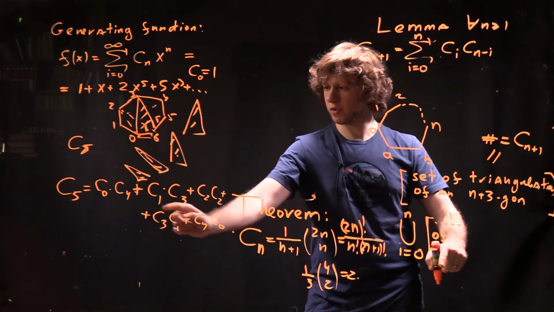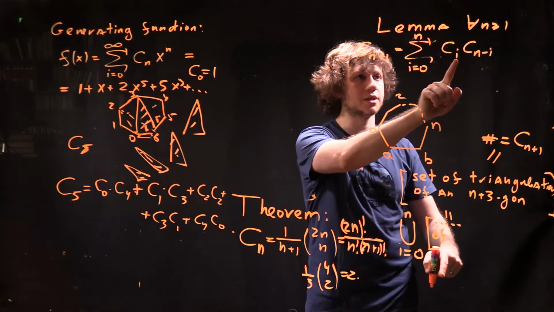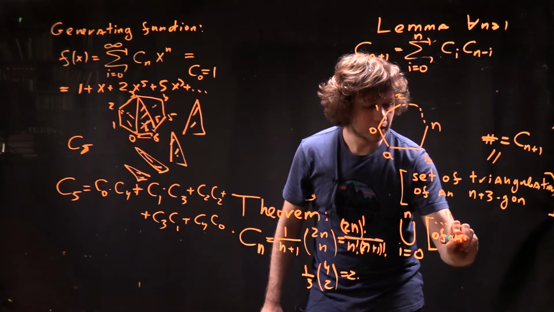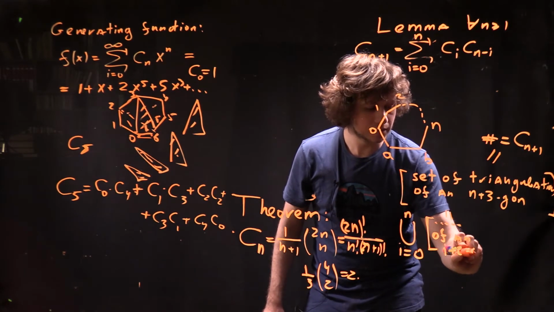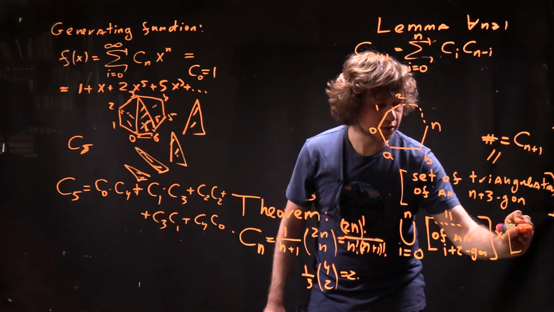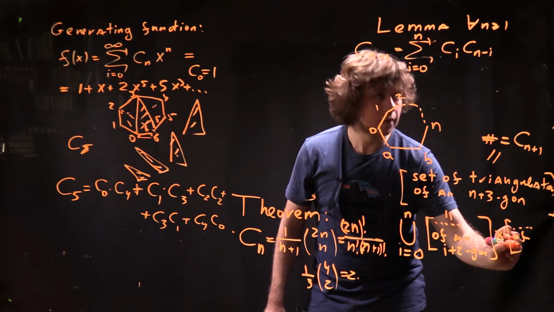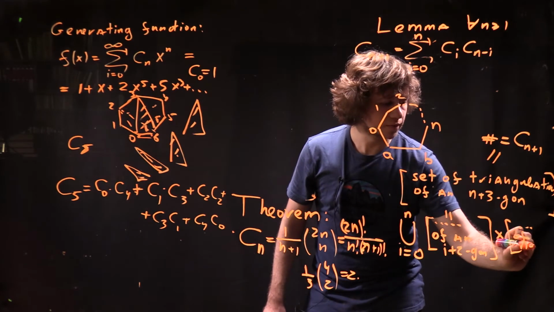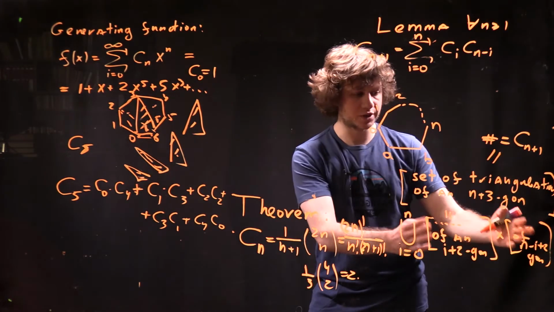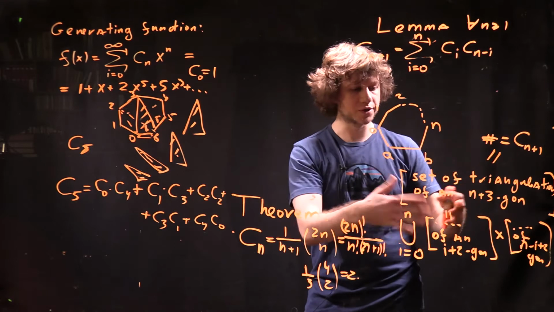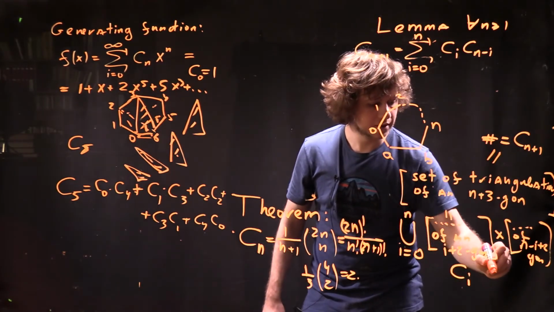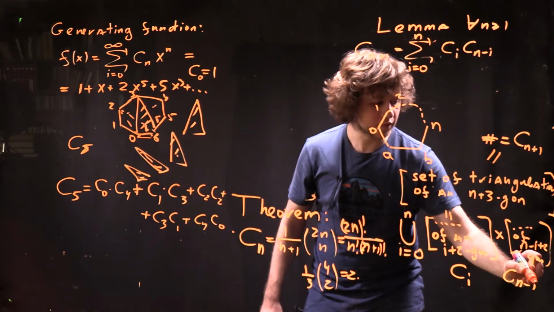So I want Ci, the number of triangulations of an i plus 2 gon, and similarly times the number of triangulations of an n minus i plus 2 gon. And of course, by this I mean a disjoint union, so just take these sets and take their union, so the number of elements will sum up. And here the cardinality is Ci, here it is Cn minus i, of course.